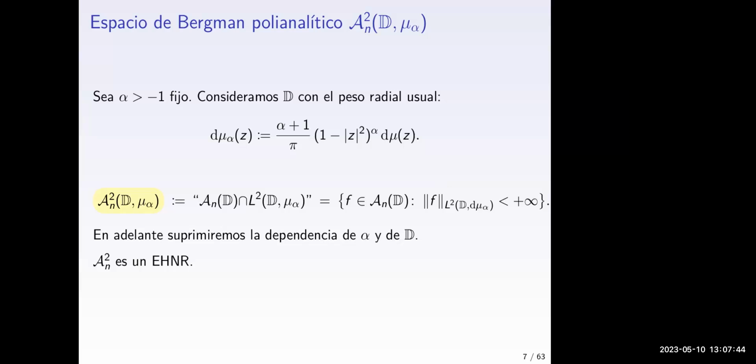And alpha will be fixed, and we will often suppress the dependence on alpha. Of course, this space, the polyanalytic Bergman space, is a reproducing kernel Hilbert space.